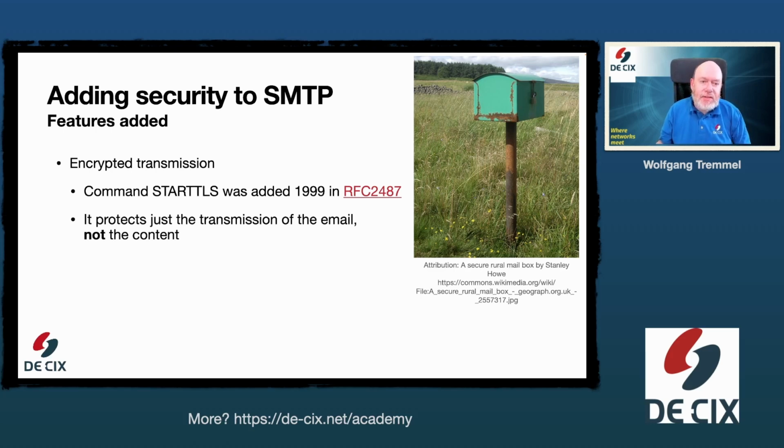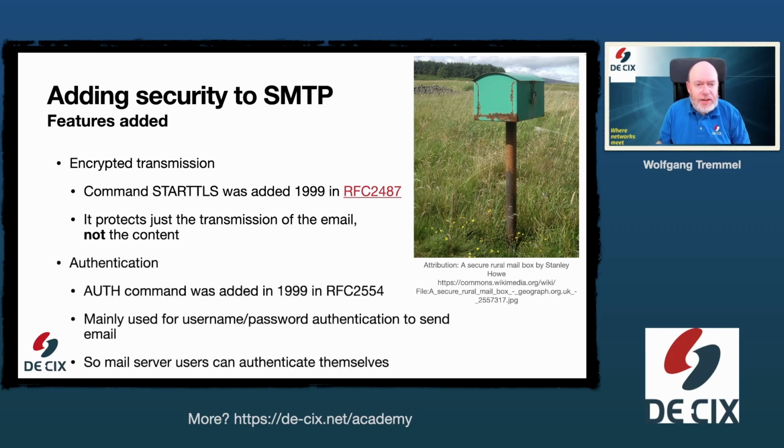Remember, it only protects the transmission of the email against listening in between. It doesn't protect the content of the email at the recipient. Also, authentication was added in 1999 to make sure only authenticated users can submit email to certain sites. And there were many, many more additions. Just have a look at the list of RFCs.